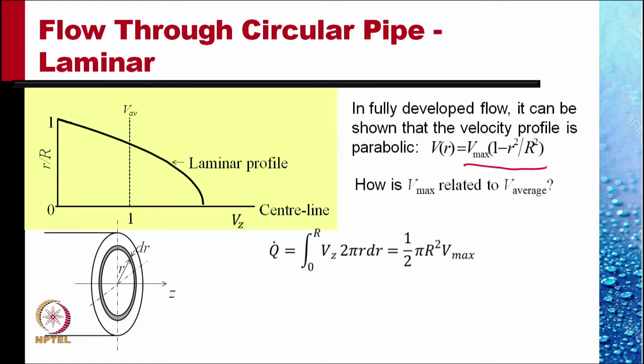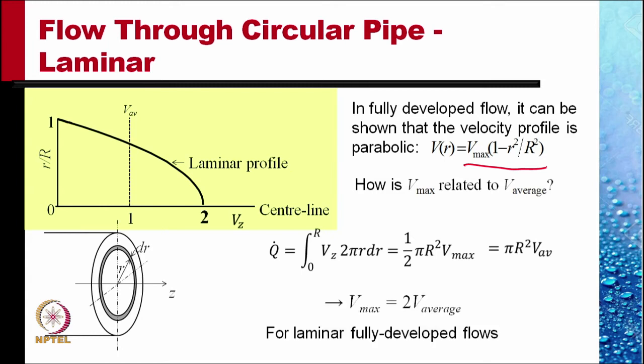This is equated to V average times the area of the pipe, pi R square. And so clearly we get V max is equal to twice the V average. The average velocity is 1/2 of V max.